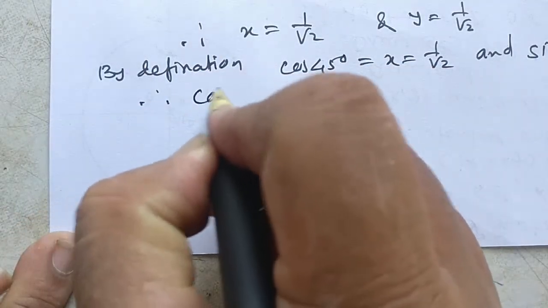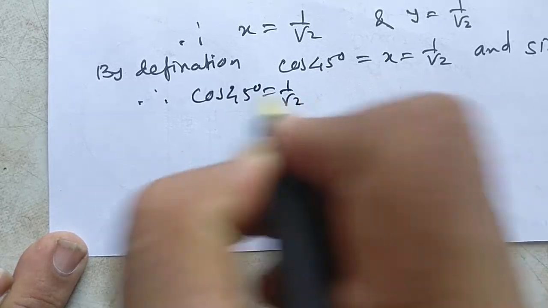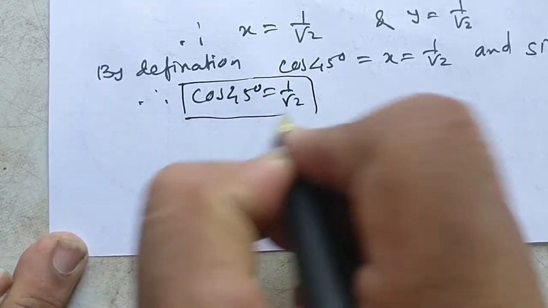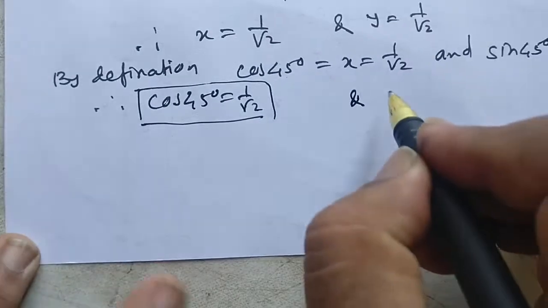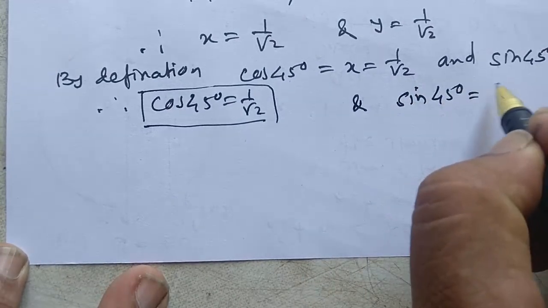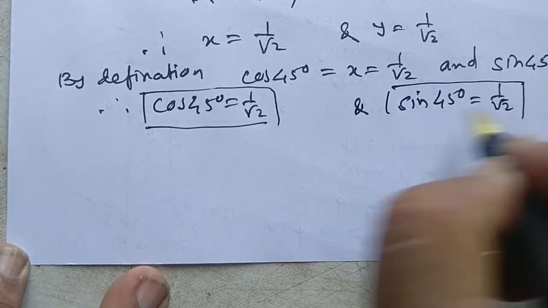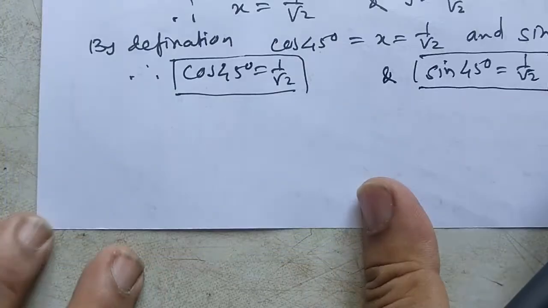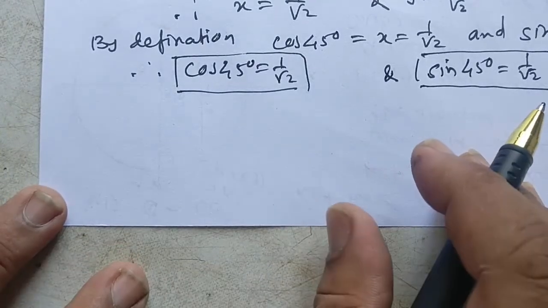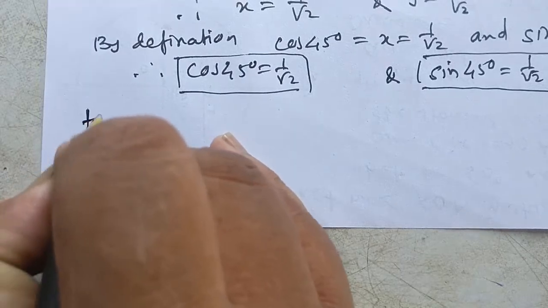Therefore, cos 45 is equal to 1 upon under root 2. So, we get one relation, and sin 45 degree is equal to 1 upon under root 2. So, we get two relations. If we know the two relations, we can find all other trigonometric ratios.